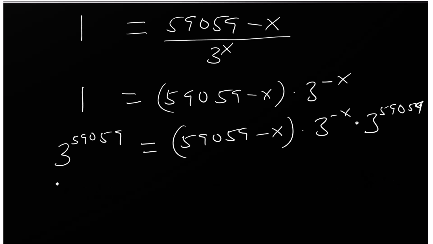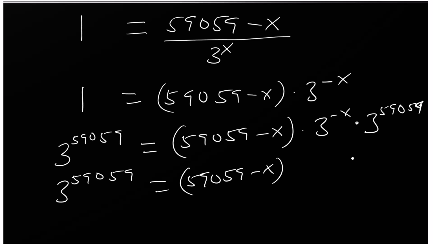So we have 59059 equals 59059 minus x. Now let's apply indices. Let's add the powers. That will be 3 to the power 59059 minus x. So that's that.